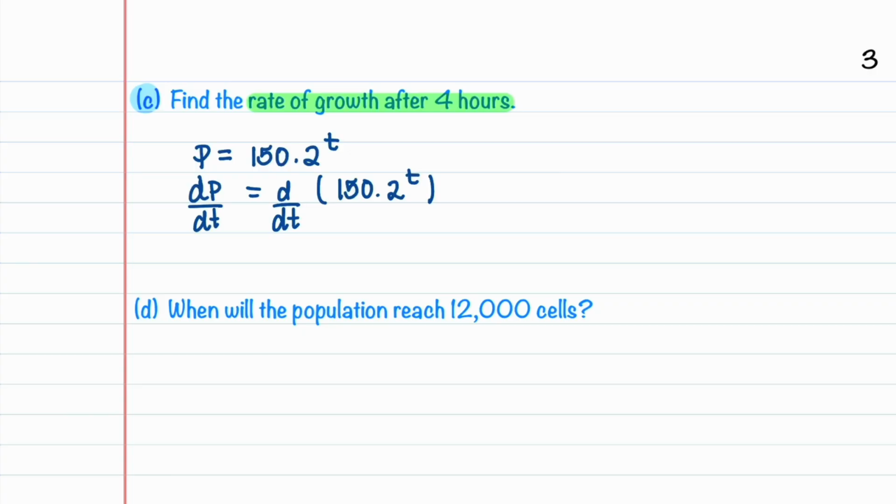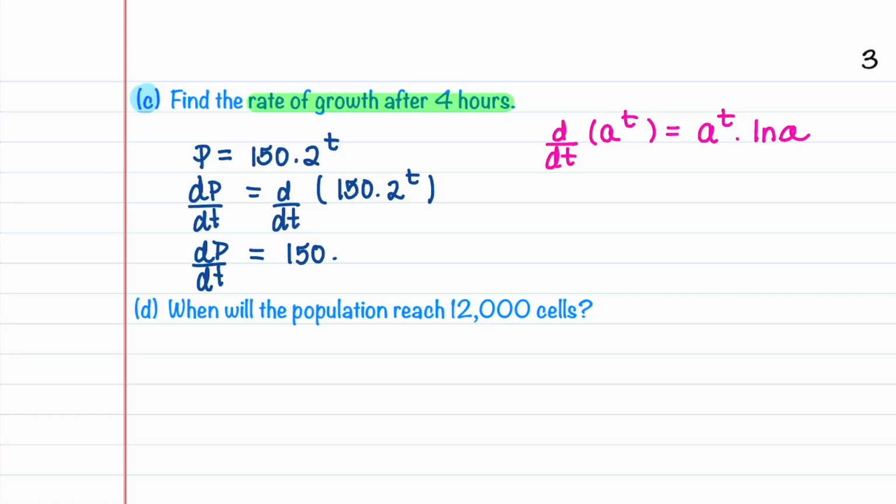And that's the derivative with respect to time of our right-hand side, 150 times 2 to the t. Over here on the right, I'm going to write down a formula. The derivative with respect to t of a raised to the t is just a to the t times the natural log of a. Let's now use that formula. So we have dP/dt is equal to 150 times 2 to the t times natural log 2.